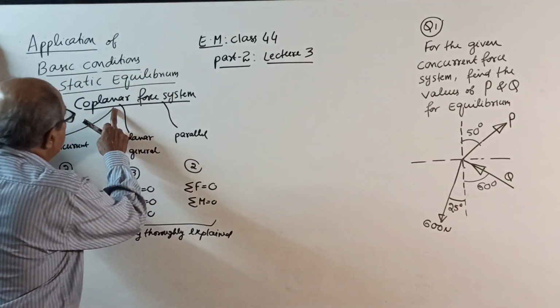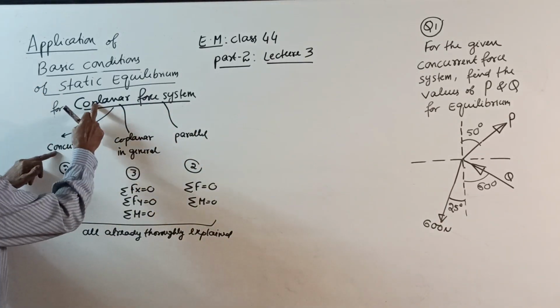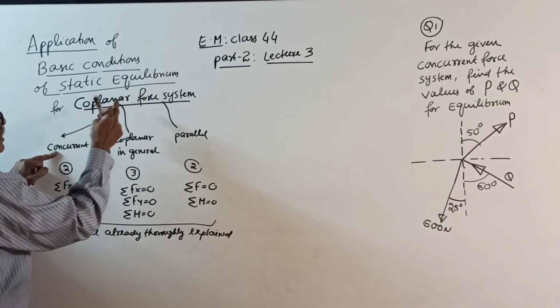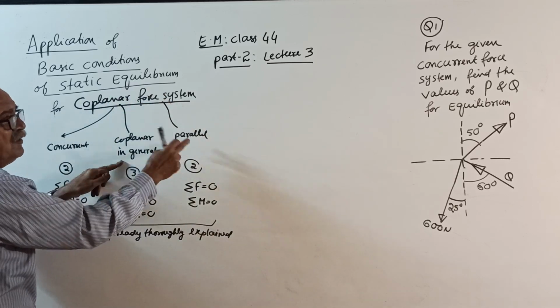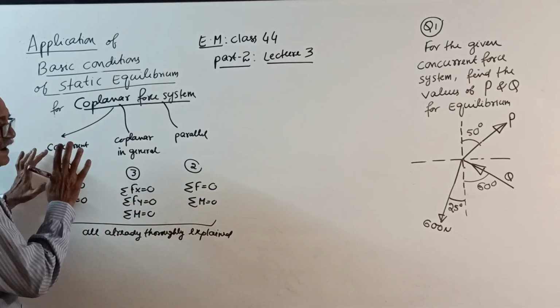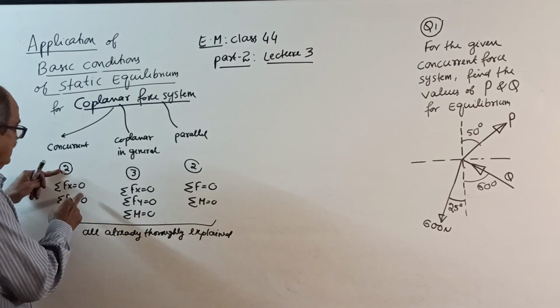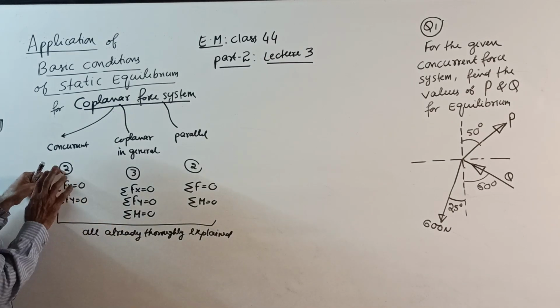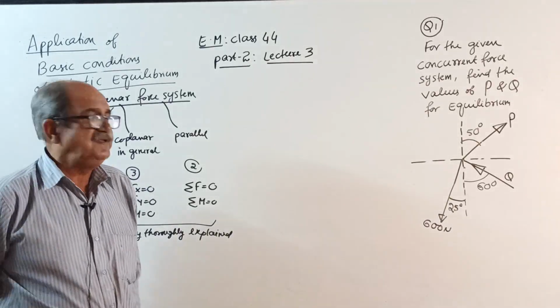Coplanar means, as I already told you, 3 varieties are there: coplanar concurrent, coplanar in general, coplanar with parallel. If it is a concurrent force system, only 2 conditions are there: sigma Fx = 0, sigma Fy = 0. Later we will put sigma H = 0, sigma V = 0.